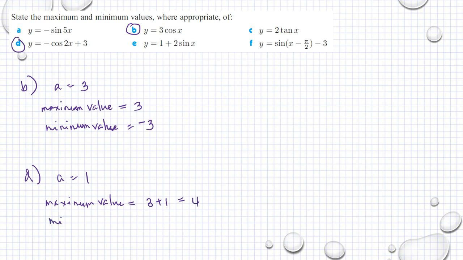For our minimum value, we still start with 3, but this time we have negative 1. So we have 2. If you want, I can sketch that. We have 1, 2, 3 here. So our amplitude is still 1. So my highest point is here, maximum, and my lowest point is here.